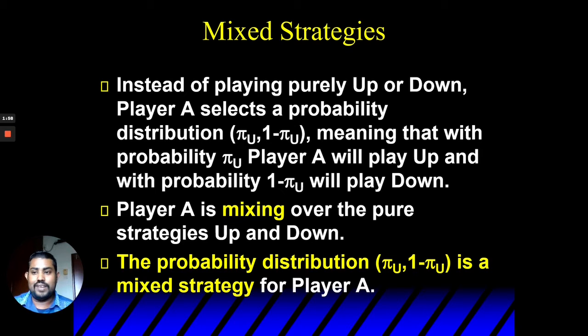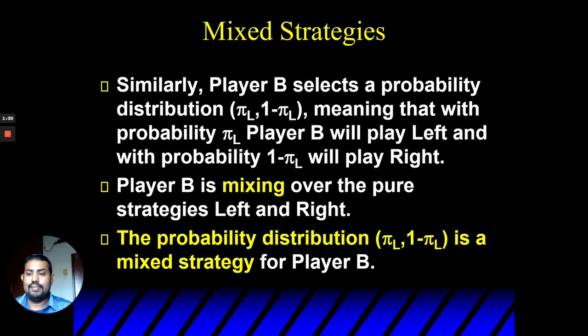This is the beauty of Nash equilibrium, because Nash equilibrium already told us that if you don't find any equilibrium in pure strategy, you can always find at least one in mixed strategy. So this is how they're randomizing the strategy. The probability distribution pi u and 1 minus pi u is a mixed strategy for player A.